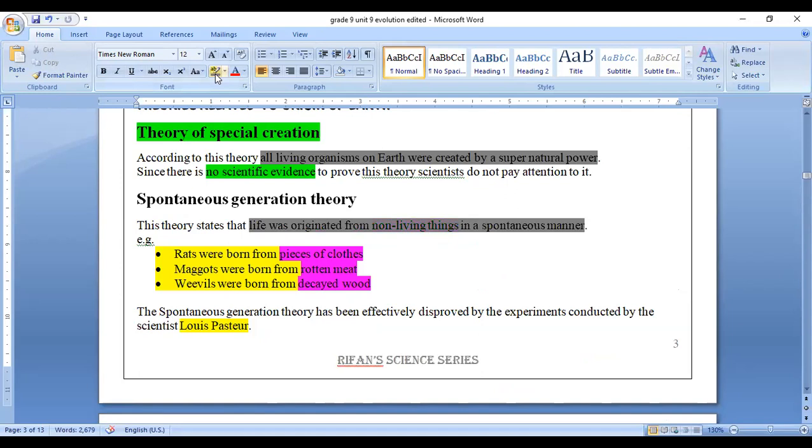What is that? Life originated from non-living things in a spontaneous manner. Answer it.